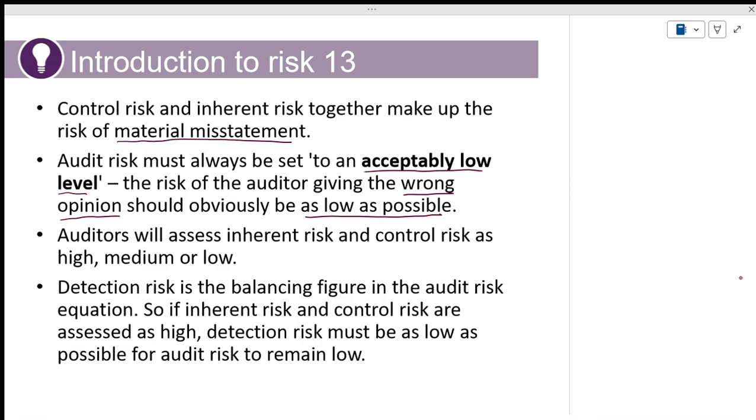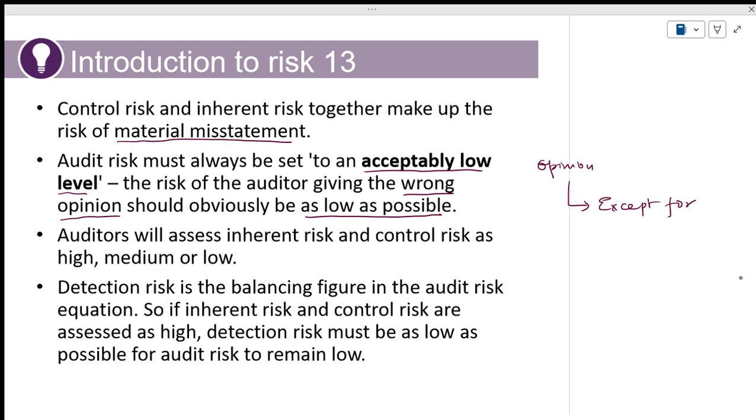When you are giving an opinion, in very exceptional cases you will say, except for this item, other things are perfect. We have to always set it to an acceptable low level. It's not that we always have to give a positive opinion.